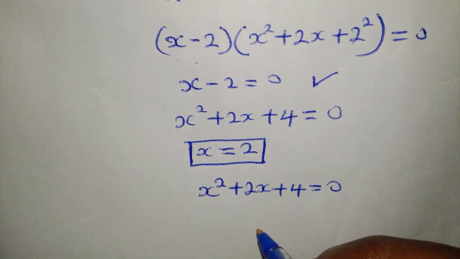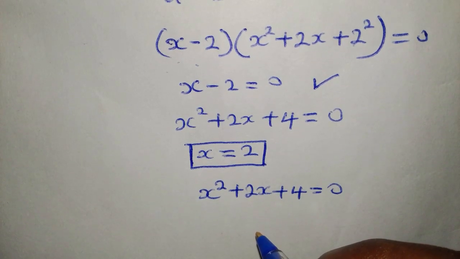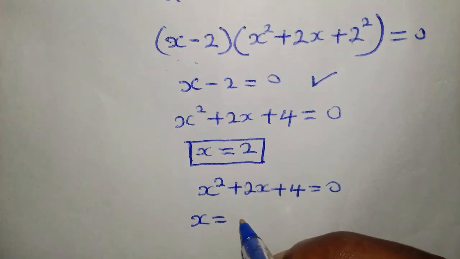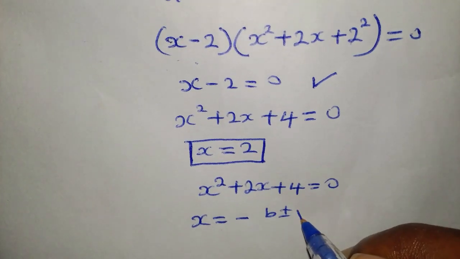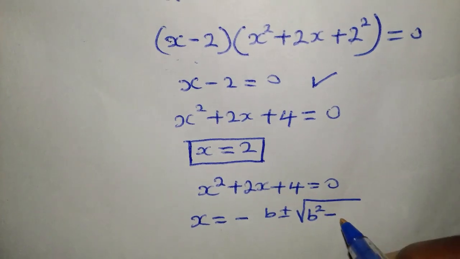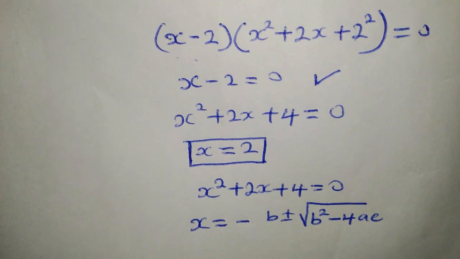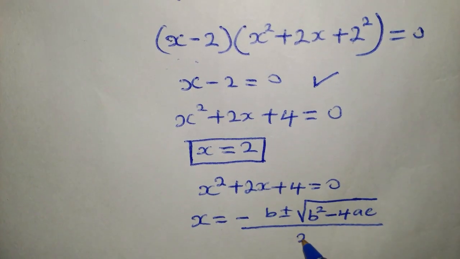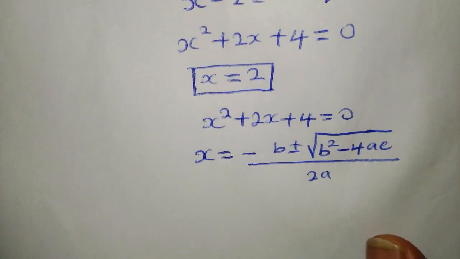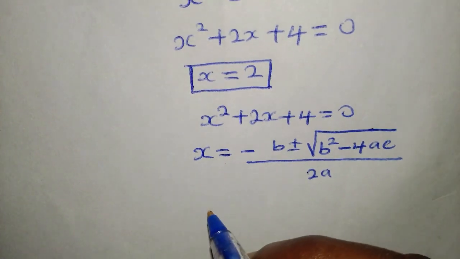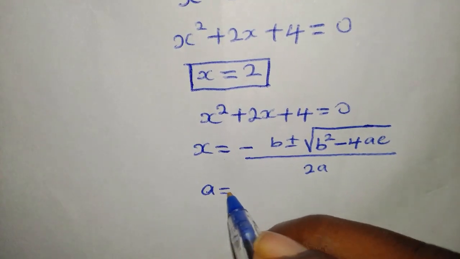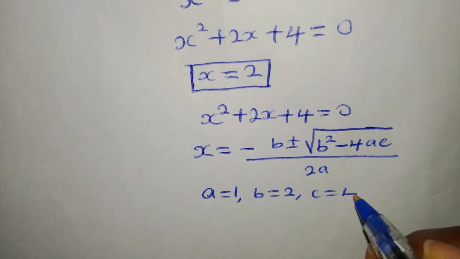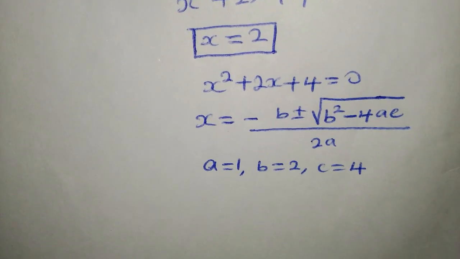You can see that we now have a quadratic equation, and in this quadratic equation we are going to use the formula method, which is x equals minus b plus or minus root of b square minus 4ac, divided by 2a. Looking at this, we have a equals 1, b equals 2, and c equals 4. So we substitute everything inside.